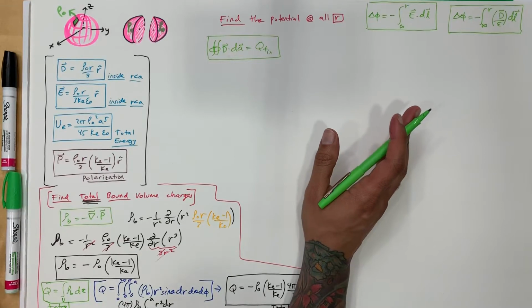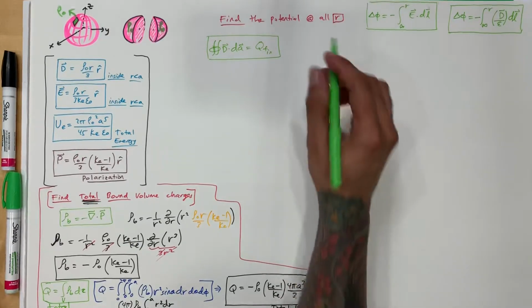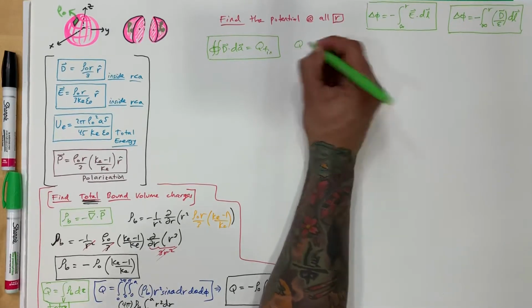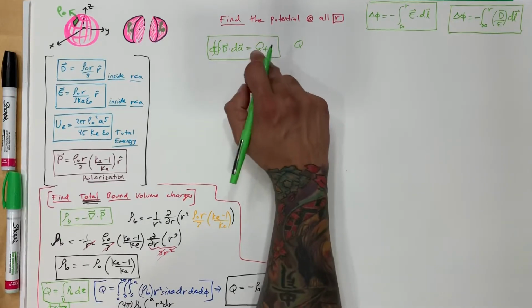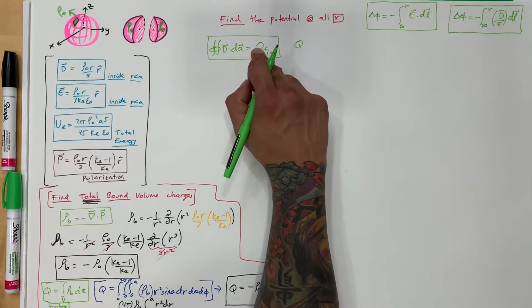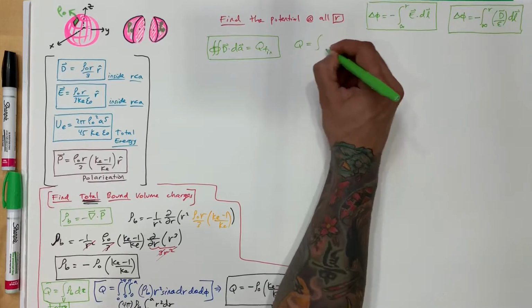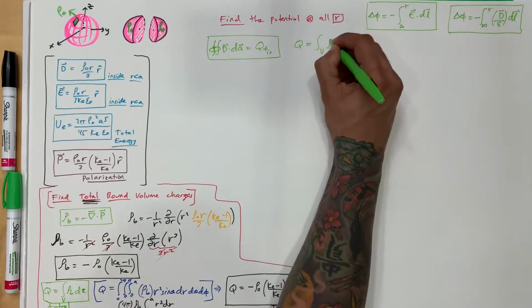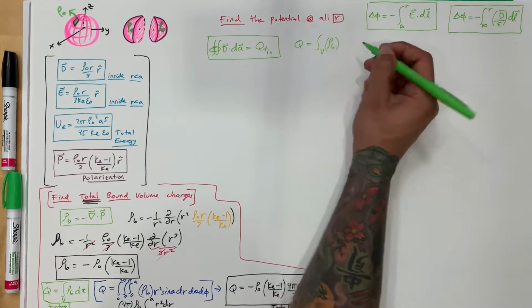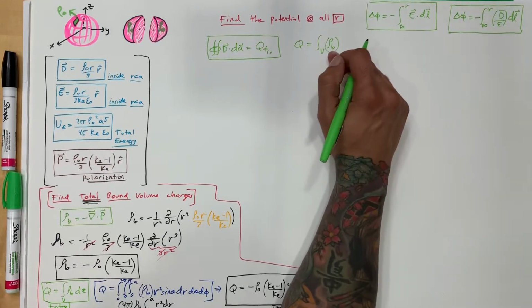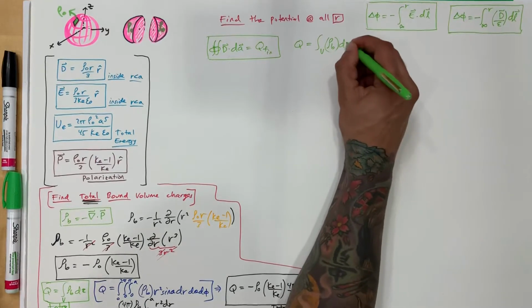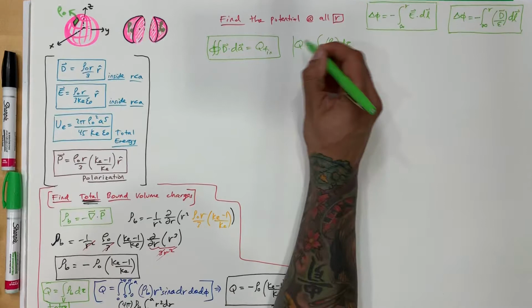And we're also going to need Q, because now we have to find Q. We're going to need the volume integral of the bound charge, d tau.